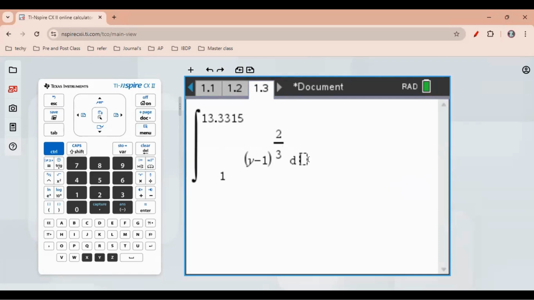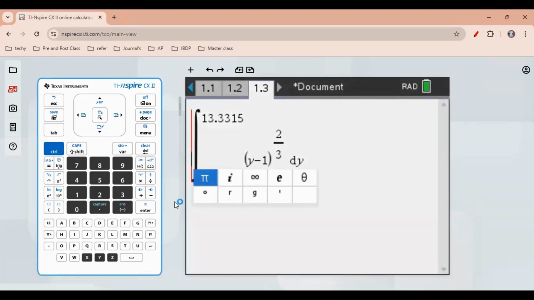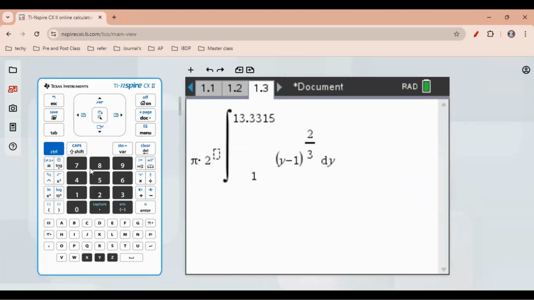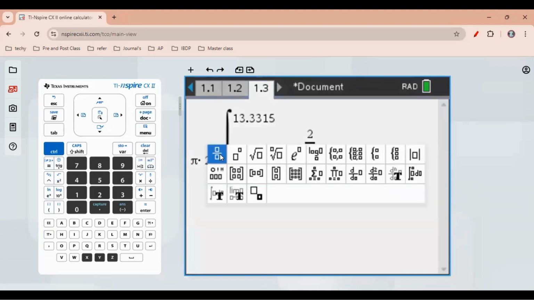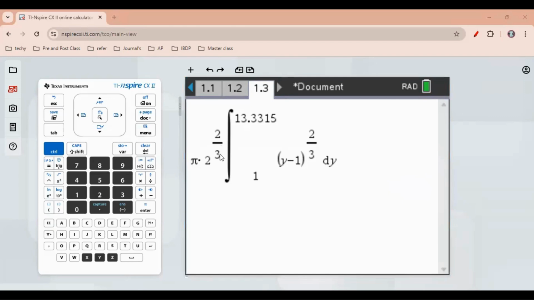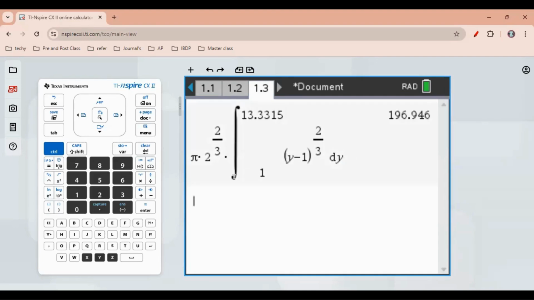And for the constants outside the function, we can just put pi times 2 power 2 over 3. All of them have been perfectly entered. We just need to evaluate to get the volume. So let's hit enter. 196.946. So that's simple. Here we go.